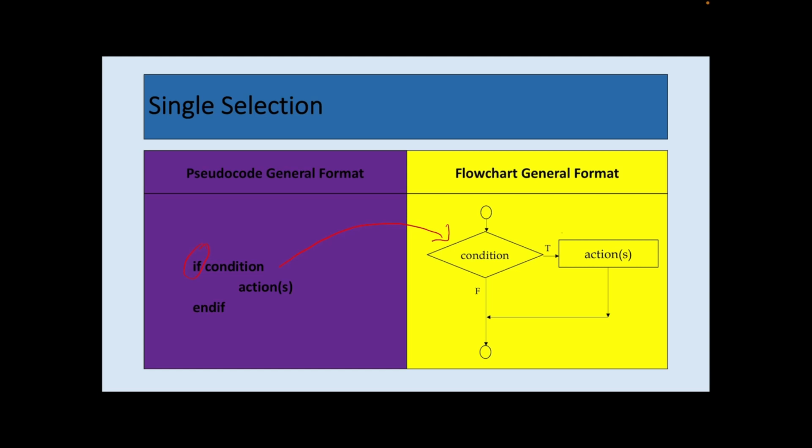If the condition is true, we do the actions, and the action here is not necessarily a process, it may be an output, and then false is stop.